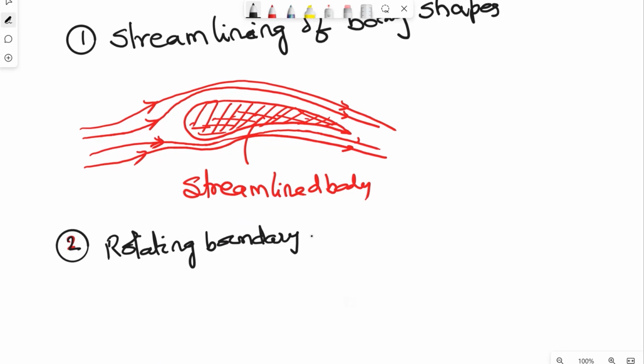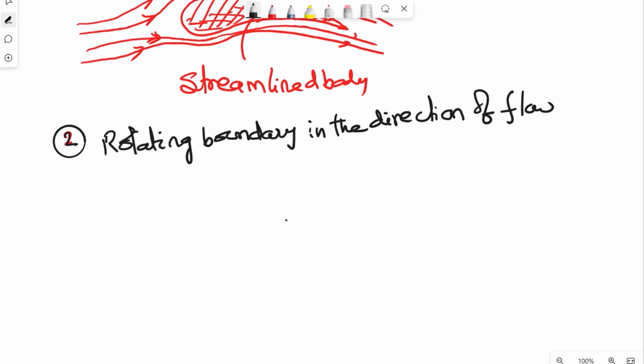Rotating the boundary in the direction of flow: suppose you have a cylinder, taken perpendicular to the board.